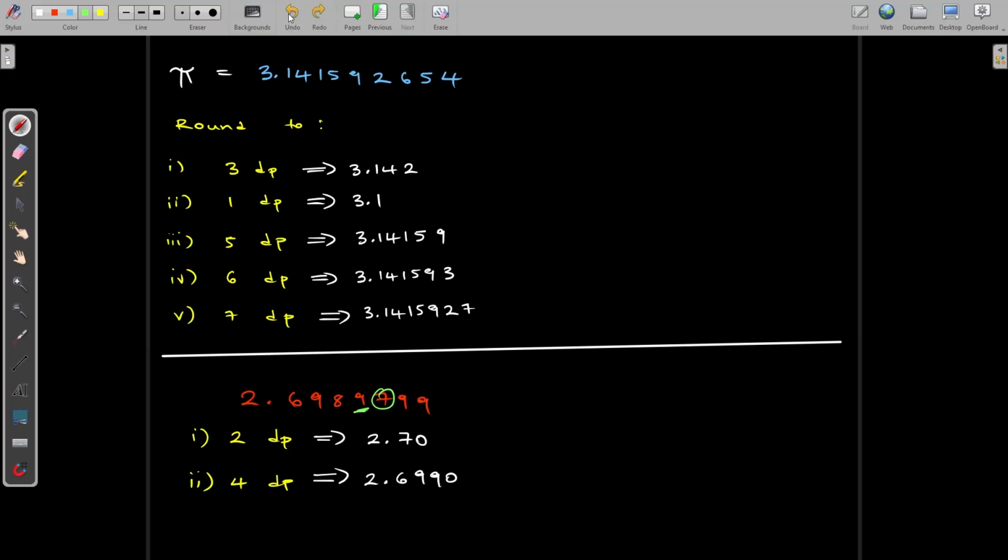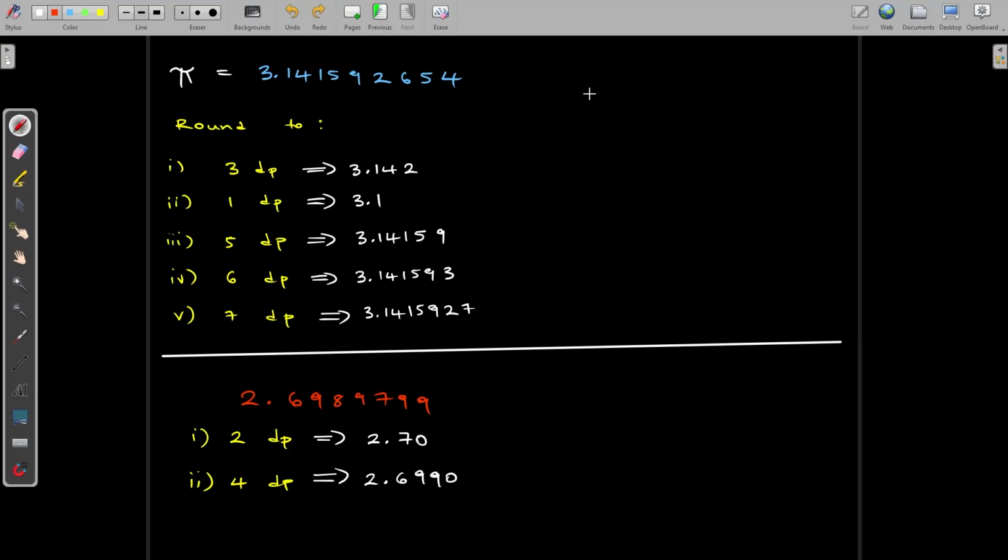Okay. So what if we wanted to do... Alright, that one won't change it much. Let me do one last example of this. Then we'll look at some significant figures.